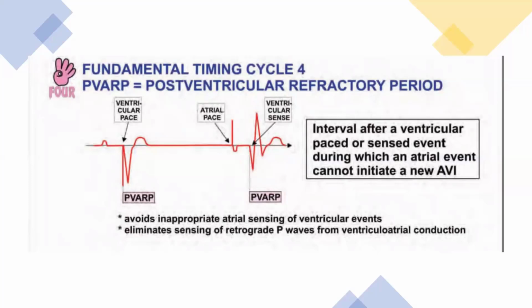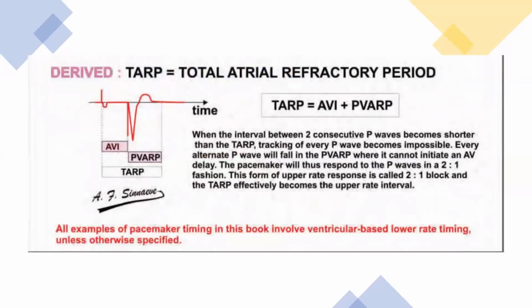So it's like a rest. The atrial channel needs to take every P wave, conduct it, and cause a QRS complex to follow. Then it takes some rest and it's ready again. This rest is called the total atrial refractory period, and it's the sum of the atrioventricular interval plus the PVARP. This interval, the TARP, is the time in which the device can follow only one P wave.